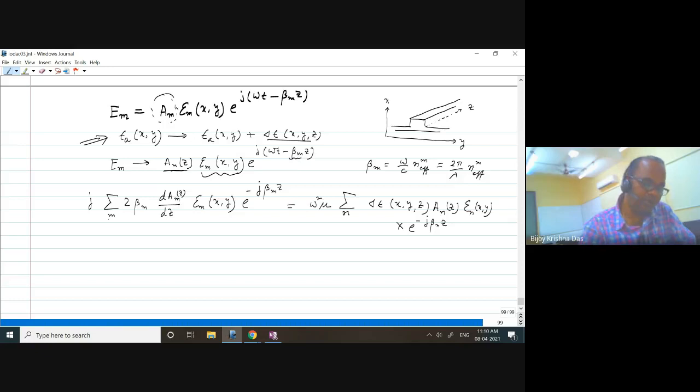So it has to be summing over all the modes, and the right hand side also summing over all modes. So individually you do it with different indices, m and n, that we are considering. I think that does not change your theoretical aspects. Why we are doing so will be clearer a little while later. Any question on this?